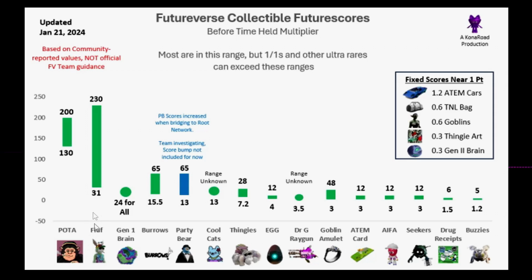You can see fluffs here, much more valuable. 31 to 230, again, depending on rarity. Party bears are way up there, as well as burrows. So burrows and party bears are the second highest point value under fluff. You do also have the POTUS here.